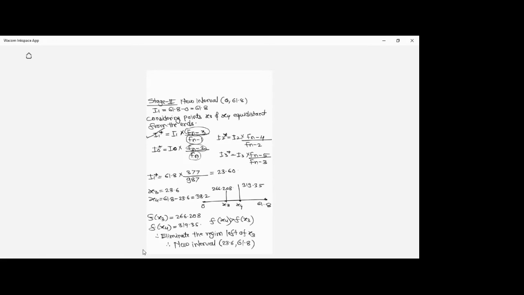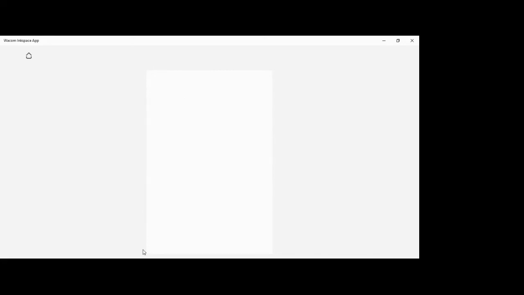So this is how your stage 2 gets complete. So let's move ahead till we get an optimum value. So this is your stage 2. So let's complete stage 3 as well.